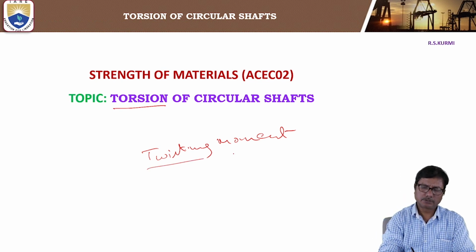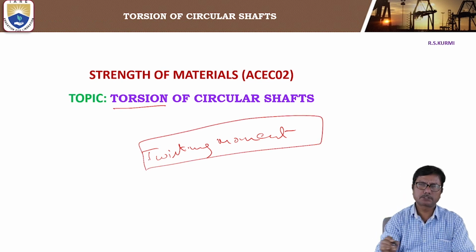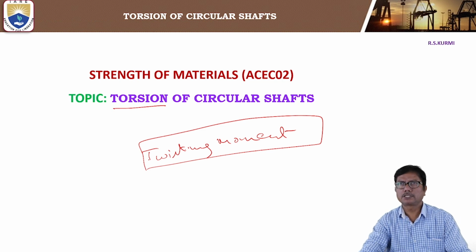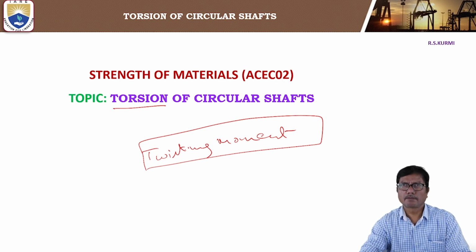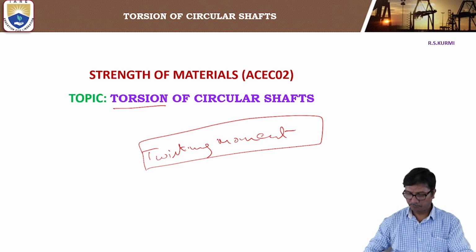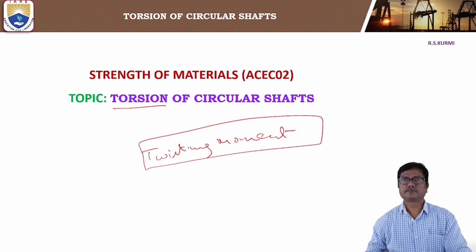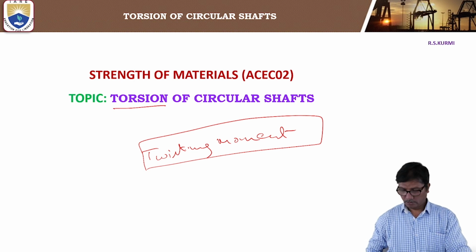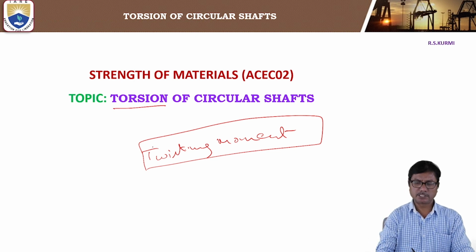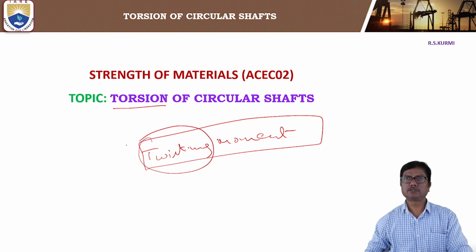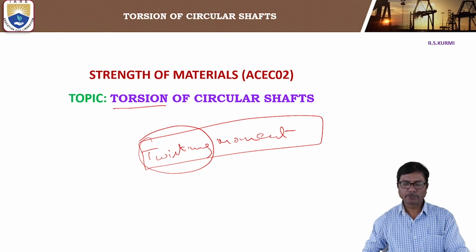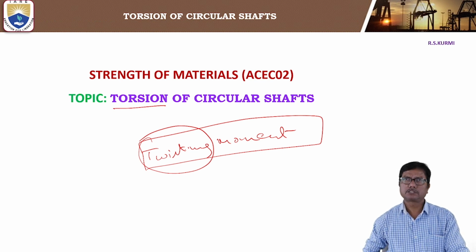This moment helps rotate the shafts, and hence the transfer of power transmission through rotation of shafts. The rotation is caused by the twisting moment, or torque, sometimes also called torsion.